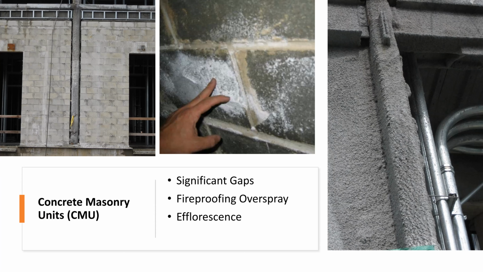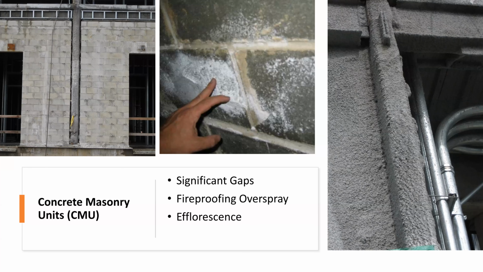And then other things that you could run into is even things such as fireproofing overspray. So you have fireproofing going onto some steel structure. Well, now it's gone and spilled all over the concrete masonry units. Well, nothing is going to stick very well to that. So obviously everyone's aware that you can't really play around with fireproofing, can't really touch it.